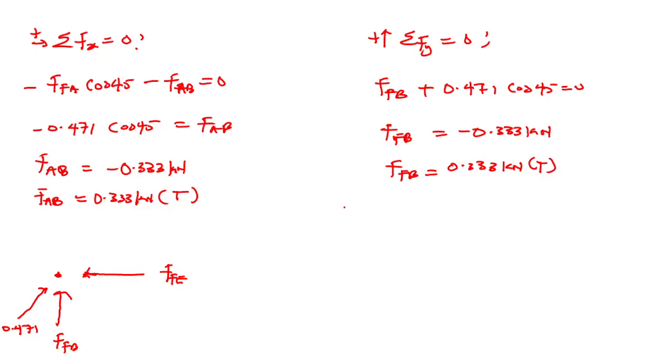Okay, so if we take the other direction, summation of moment in the horizontal direction equals 0. It means FFB, we have 0.471 sine 45 equals FFE, right?